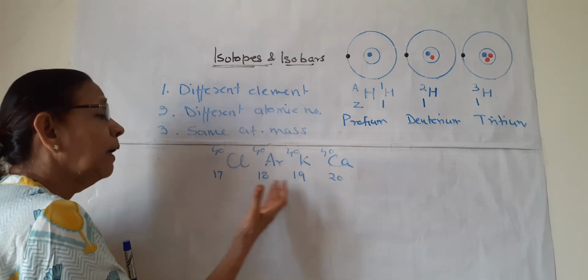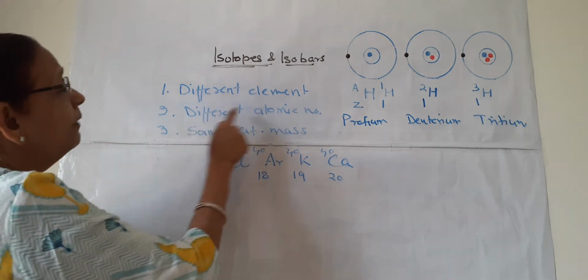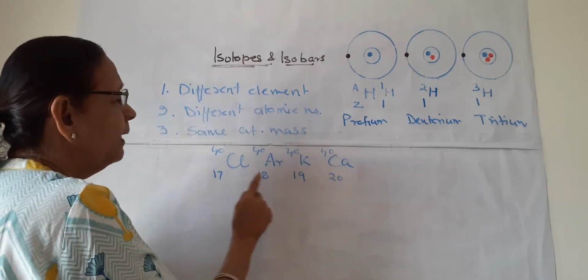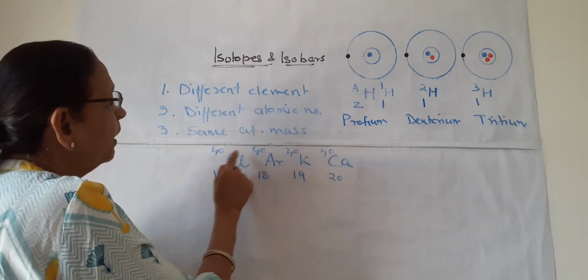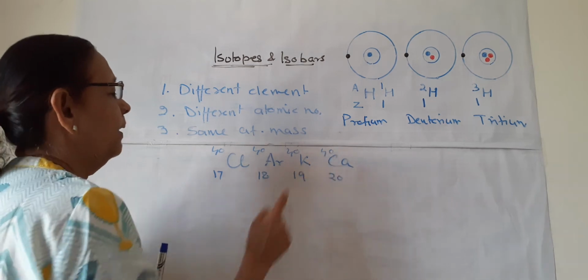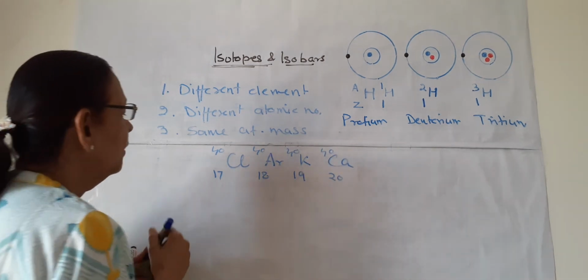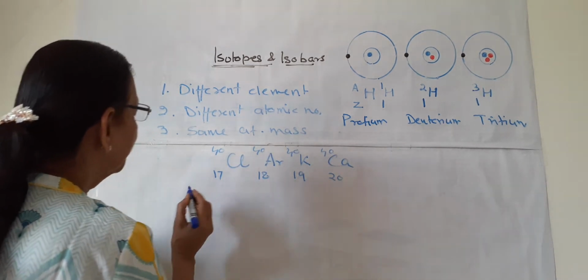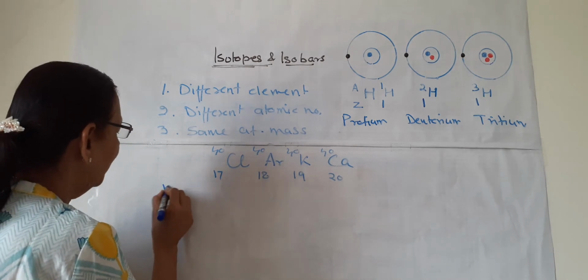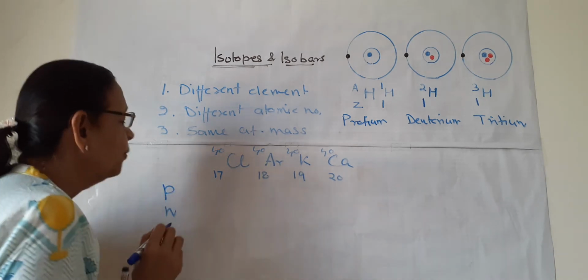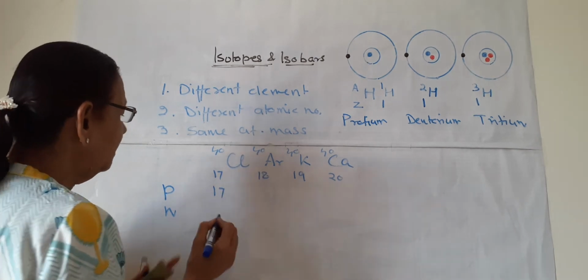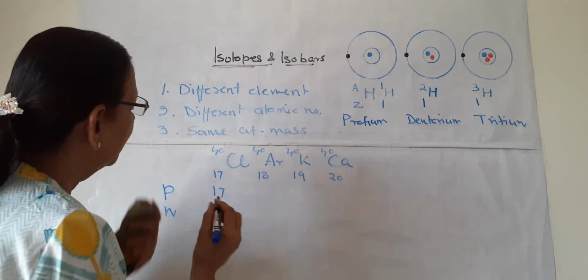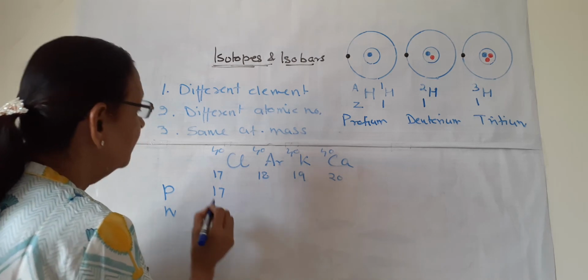So these are isobars. They have different atomic numbers 17, 18, 19, 20 but the same atomic mass 40. So what does it mean? Chlorine must have how many protons? I will write here protons and neutrons. Chlorine has 17 protons and neutrons 40 minus 17, which is 23.